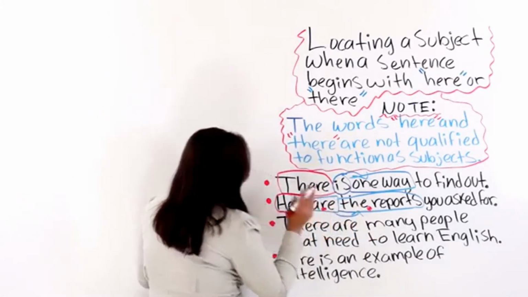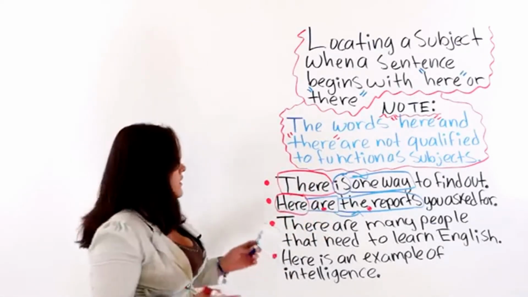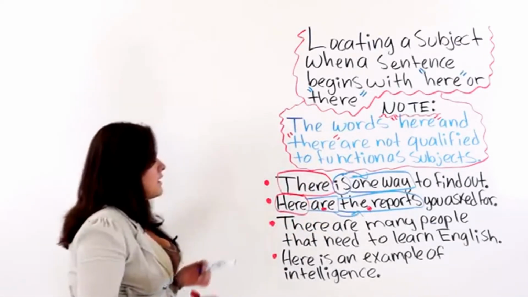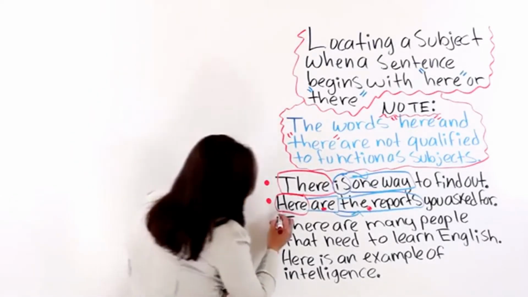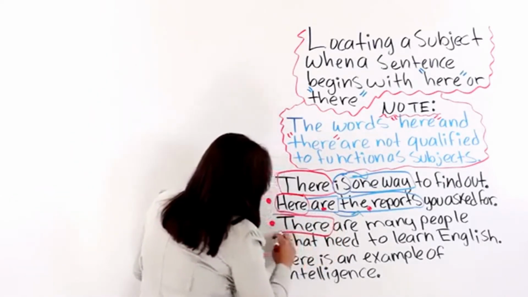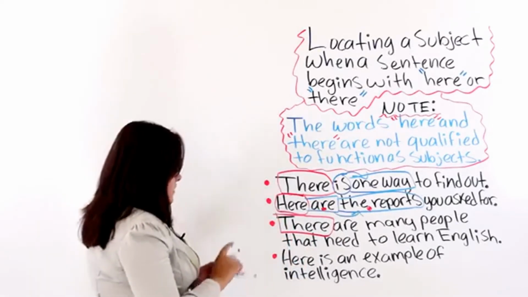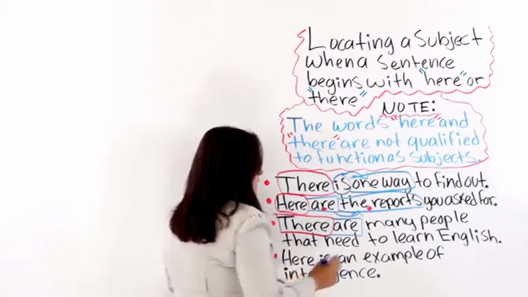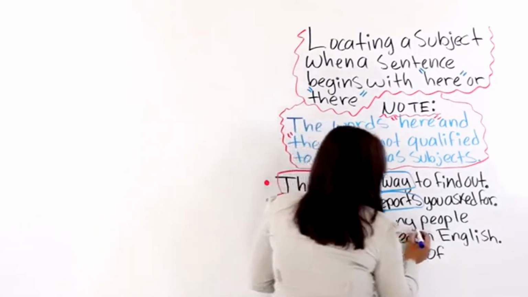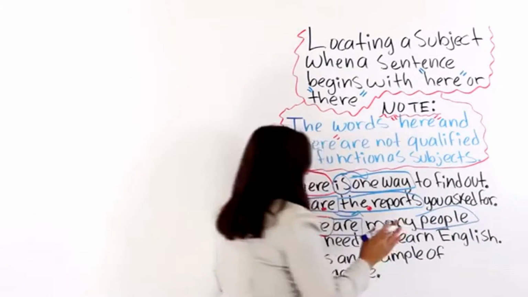Okay, the next one says, there are many people that need to learn English. We have there. We know that this cannot be the subject. We have a plural verb, and then we have many people. Plural noun.